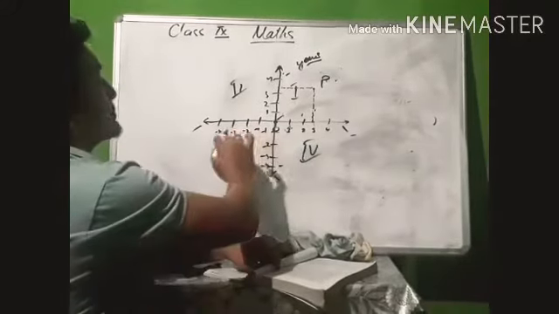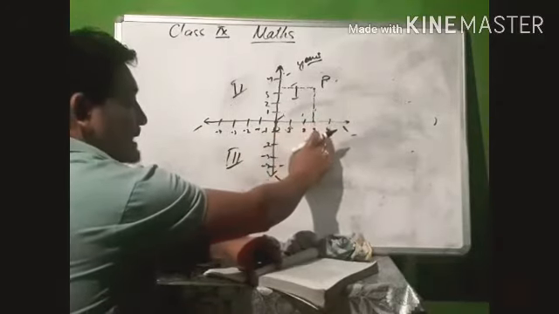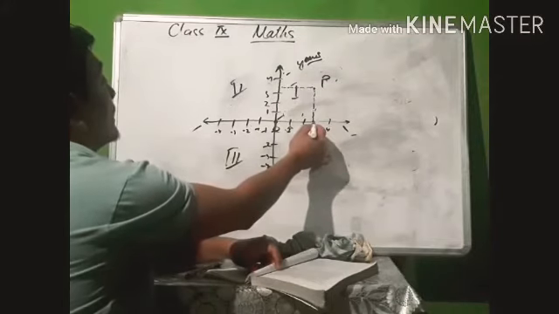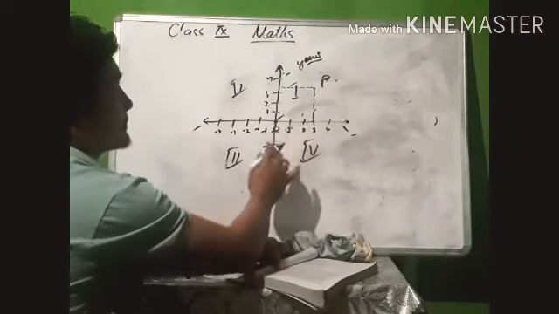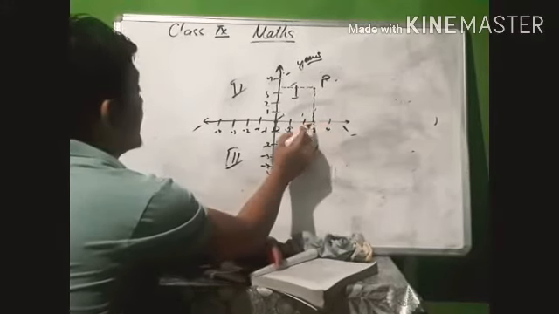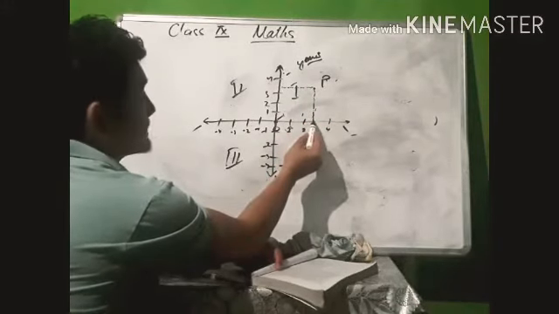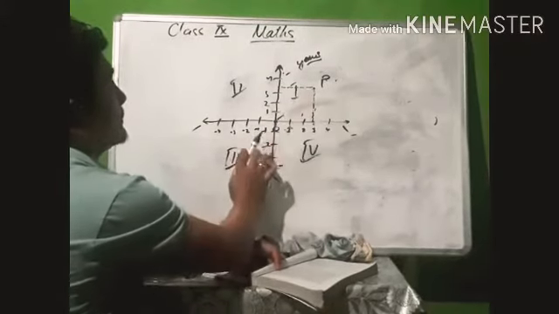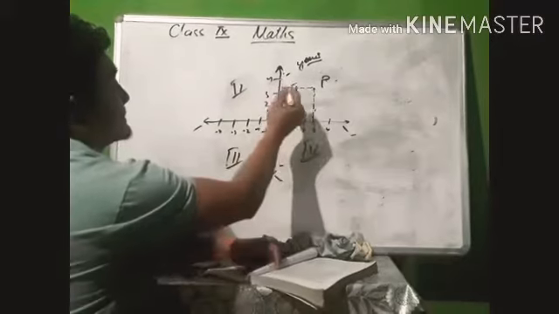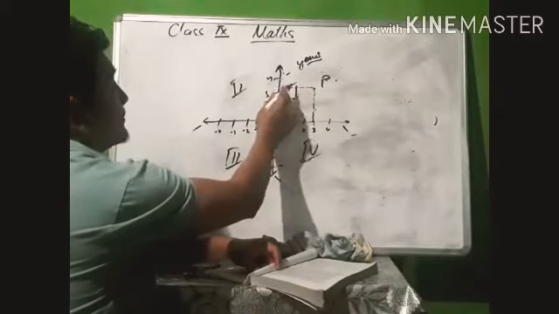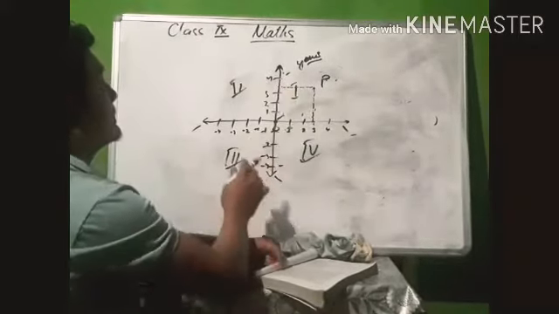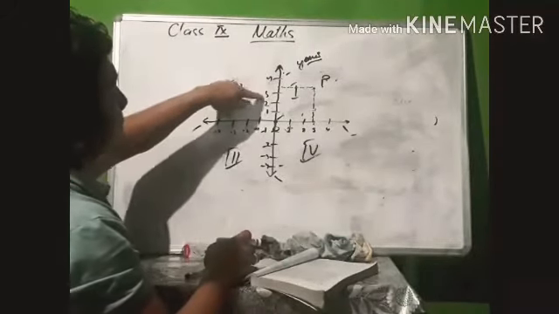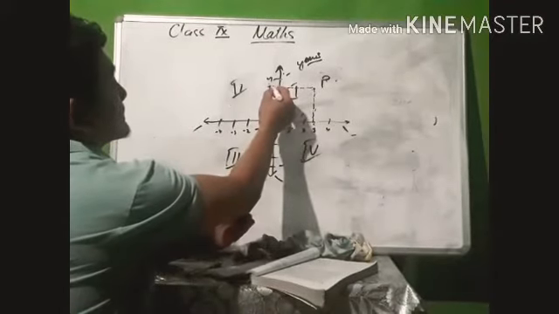On the x-axis, the line is just meeting at coordinate 3, and for the y-axis, this line is meeting in between these two coordinates, 3 and 4. So we can take this as 3.5.